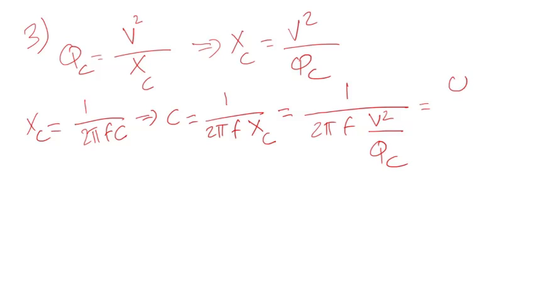In other words, C is QC divided by 2 pi times F times voltage squared.